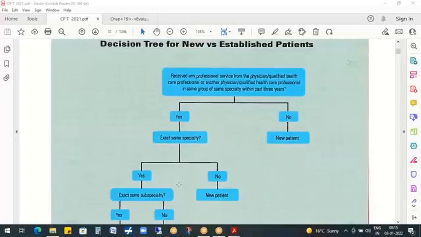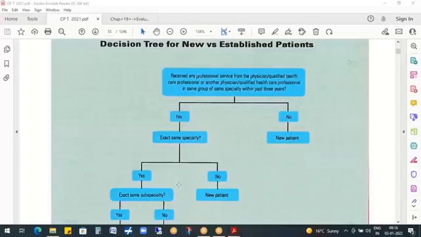10th standard, +2, graduation. Whichever subject is more interesting for you, you will select that one subject in post graduation, then you will complete your studies generally. Now that post graduation subject is nothing but specialty.